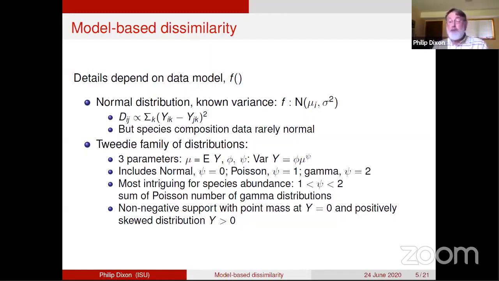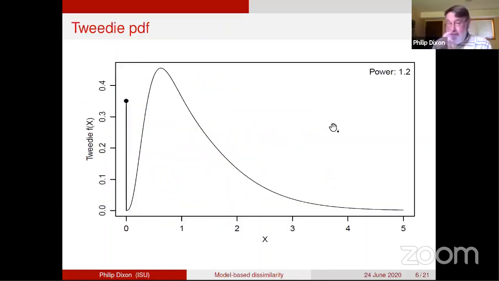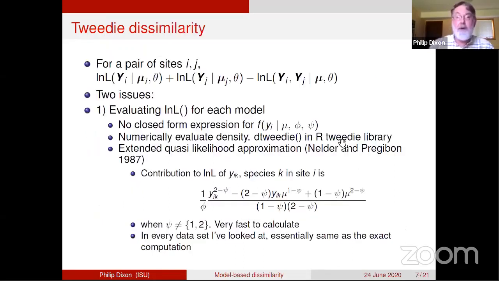That random number of distributions could be 0, which generates a point mass at y equals 0, which is a very common attribute of species composition data, and a positively skewed distribution for positive abundances. If you haven't seen the density function for a Tweedie, here's one example. As I say, a point mass at 0, and then a skewed distribution of non-zero values.